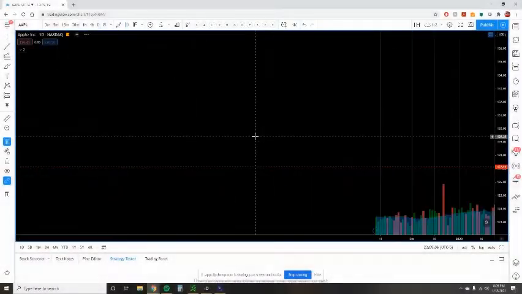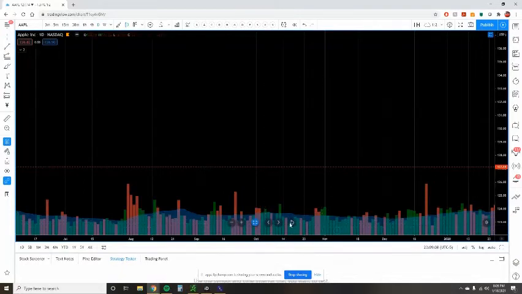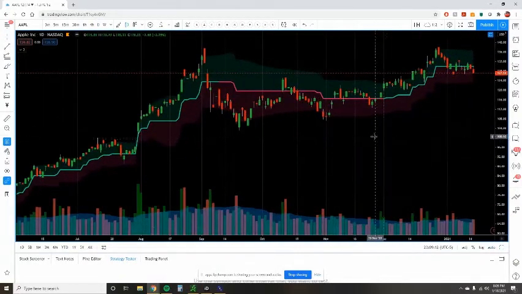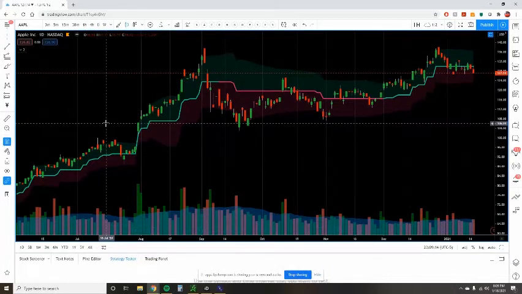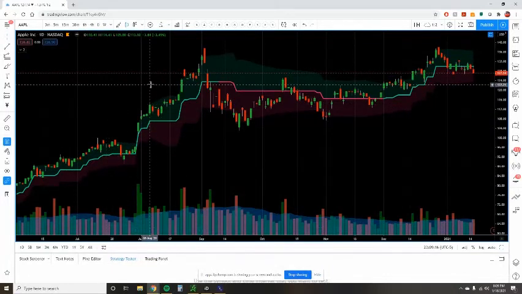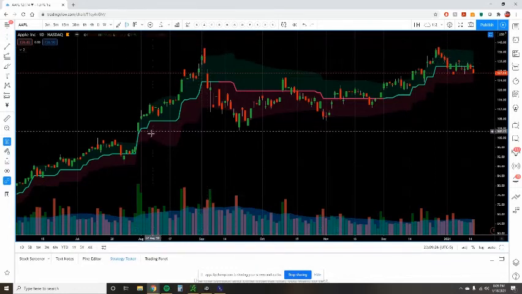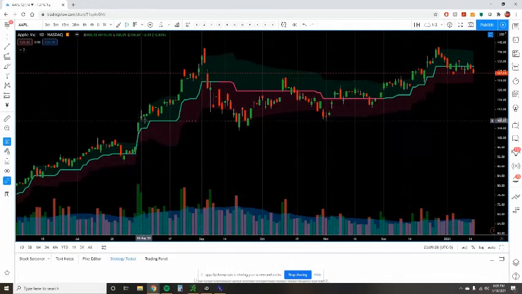This is just one of the tools that I use to identify who is in control of price action at any given time, and to help filter out some impulsive entries where I might think, such as up here, that I'm missing out on a bullish move after maybe missing this gap.